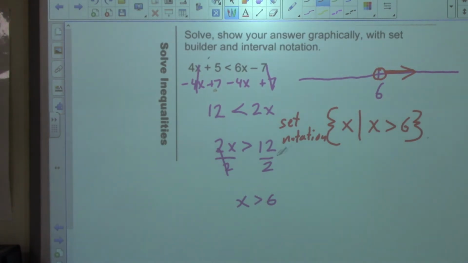And then interval notation. Now, interval notation is eventually where we're headed. When you get to more advanced mathematics, that's the most popular thing. What that is, is made out of parentheses and commas and infinity symbols, negative infinity. So in this case, what we have is, this means greater than 6, comma, infinity.